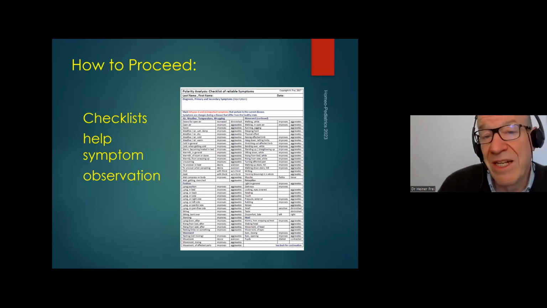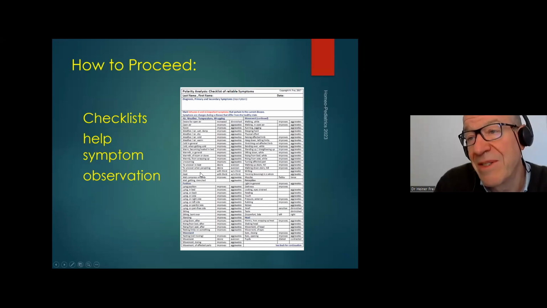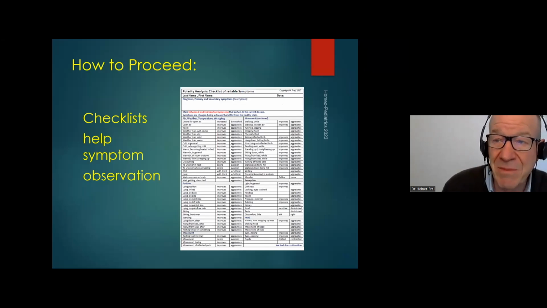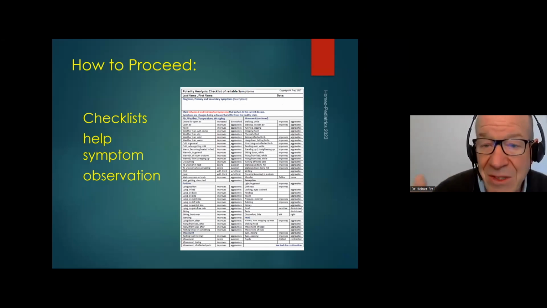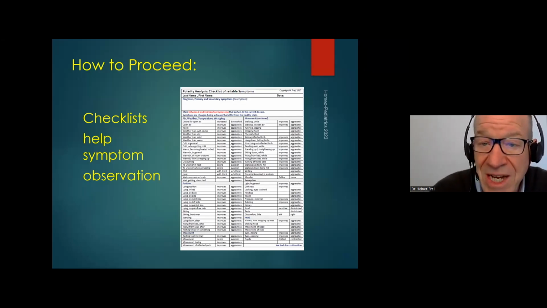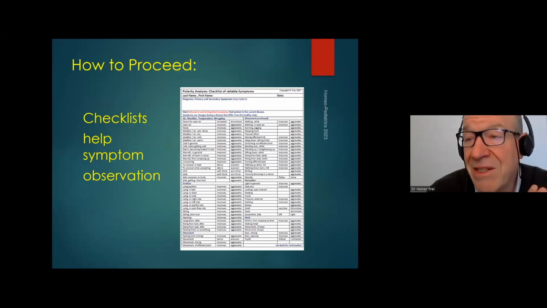On this checklist, you have 160 polar symptoms and modalities. And it is these 160 symptoms which, in my experience, have proved to be the most reliable for remedy determination. So you can give the checklist to the parents and tell them to observe the child and underline what they have observed.